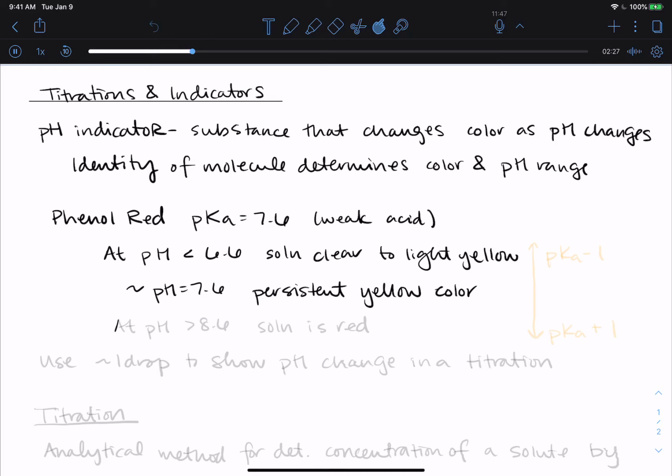And at a pH greater than 8.6, the solution is red.